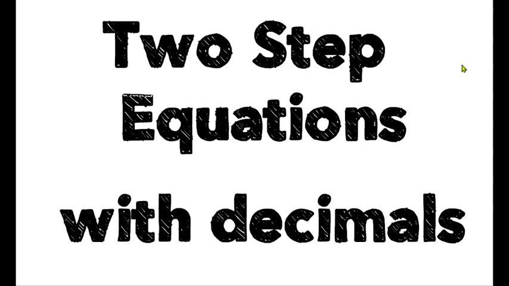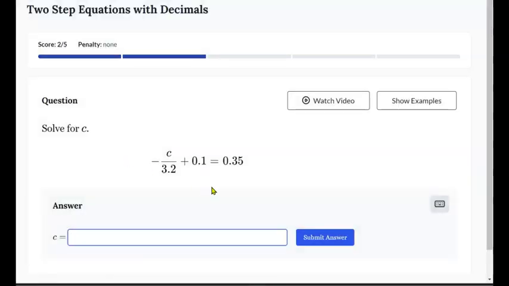Two-step equations with decimals. We're going to use the same inverse operations, except this time we're going to have decimal values instead of integers. So again, the opposite of adding 0.1 would be to subtract 0.1 from both sides.